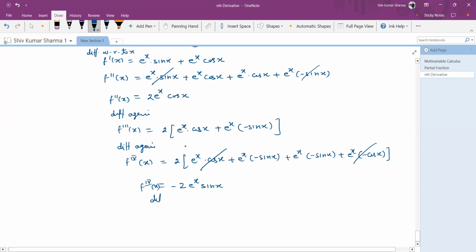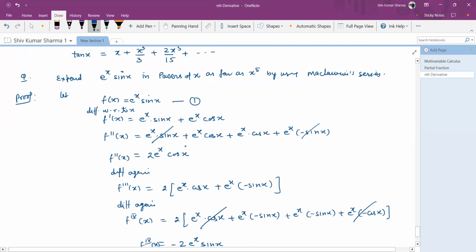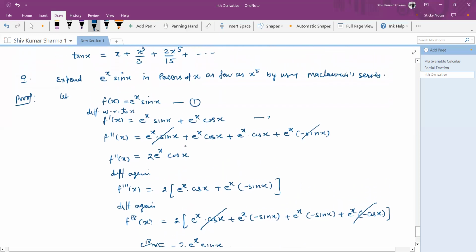Now differentiate again. So the fifth derivative of this is equal to minus 2 e raised to the power x into sin x plus e raised to the power x into cos x. Okay, so we write down this as equation number 2.